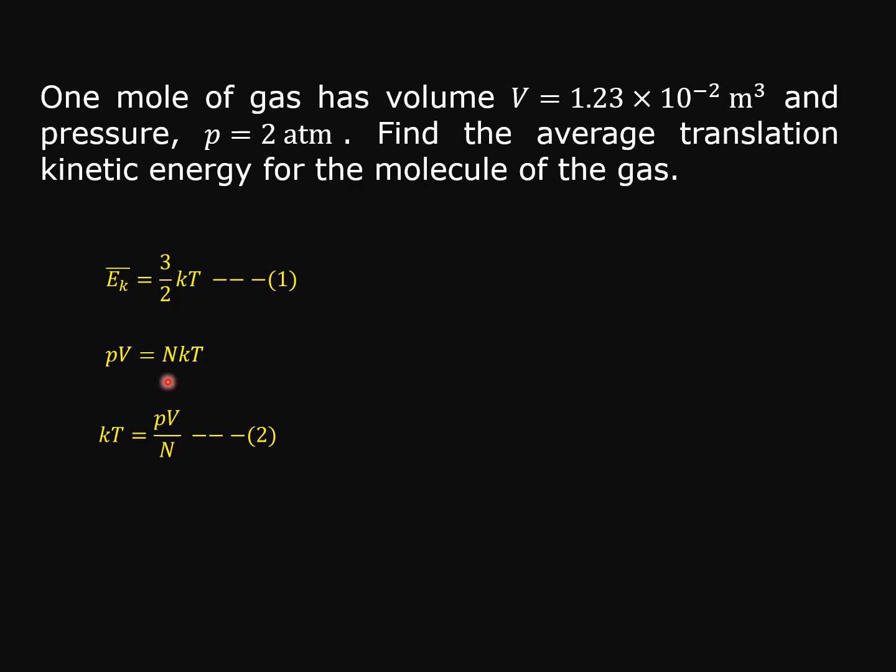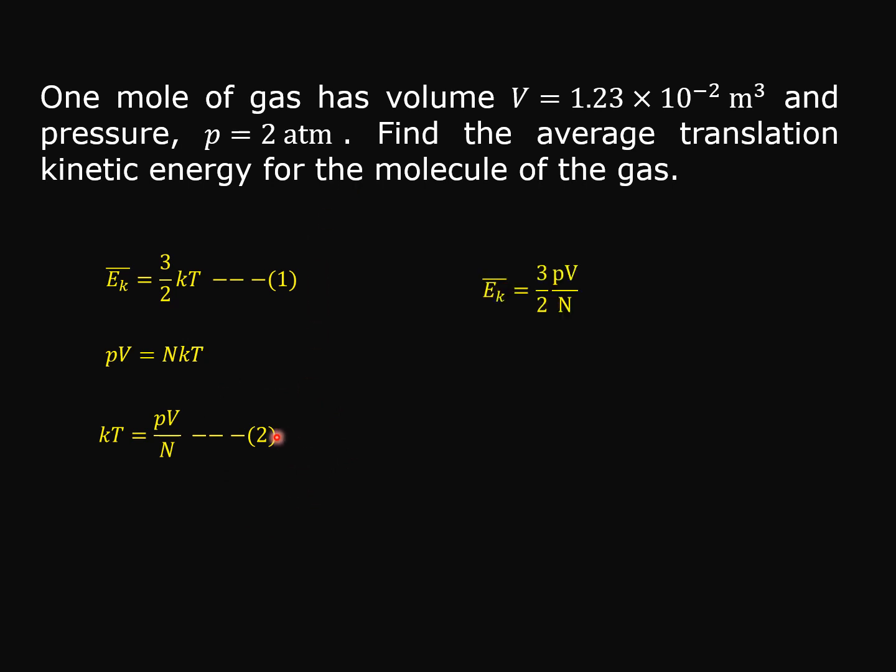Capital N is the number of molecule, k is a Boltzmann constant. So from these equations, we have the kT equal to PV over N. And we name these equations as the equations number 2.